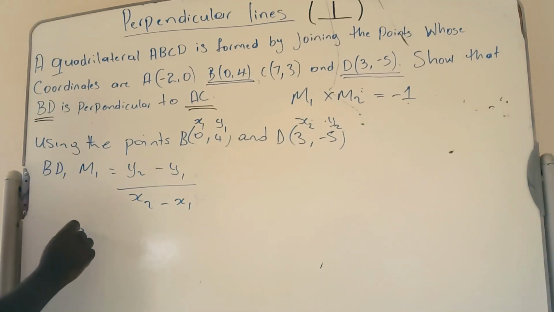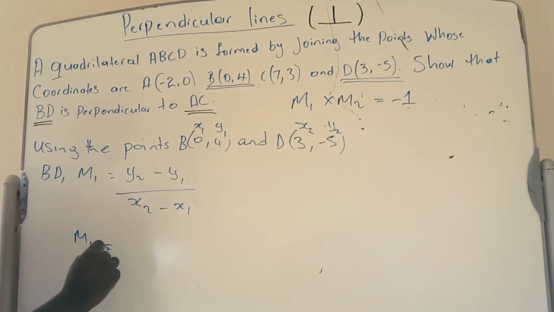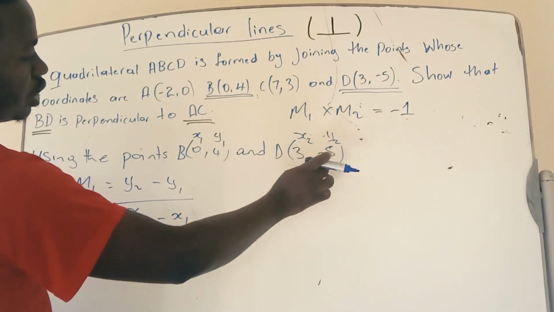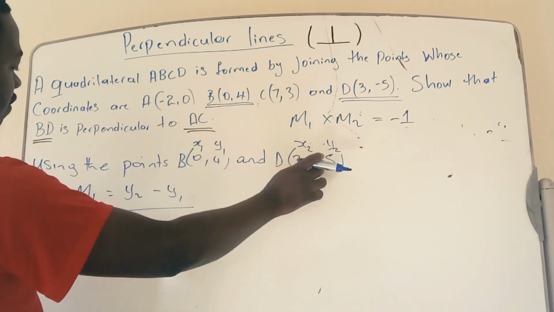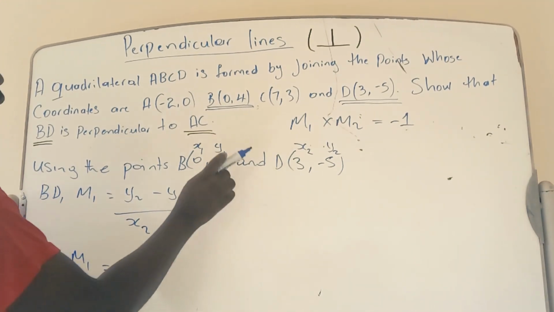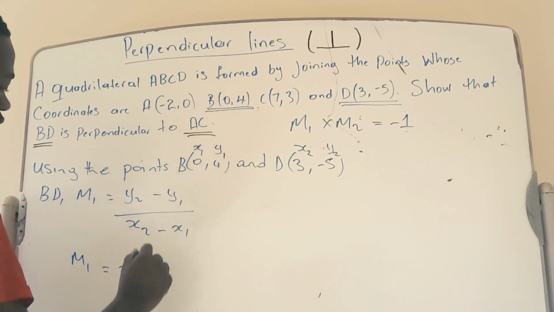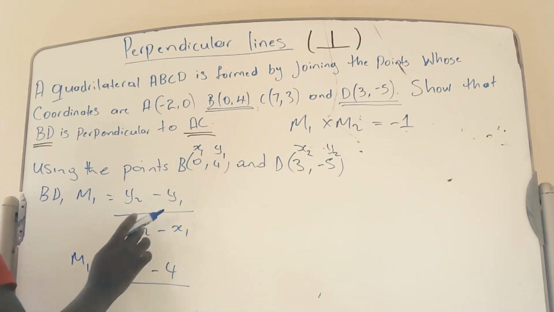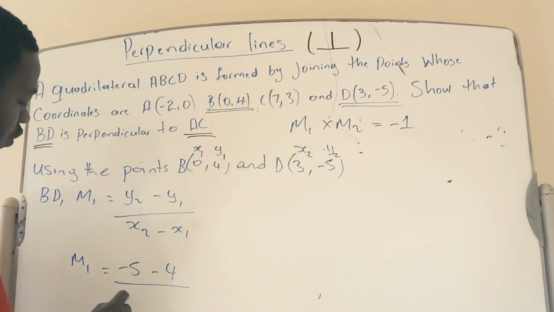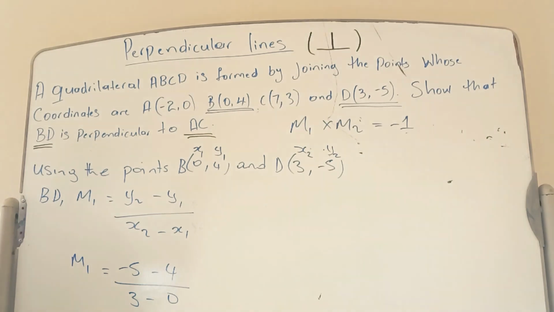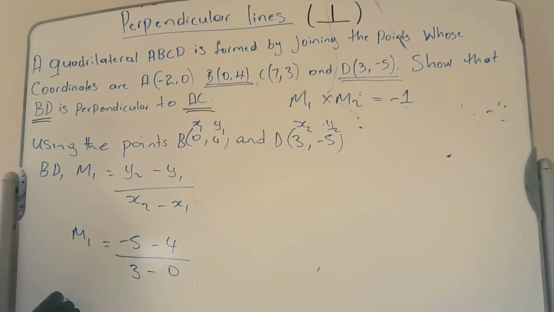Now in the formula, M1 is equal to Y2 minus Y1. So Y2 here is -5. So it's going to be -5 minus Y1, which is 4, all of that divided by X2, here is 3, minus 0. So simplify this and we get the gradient M1.